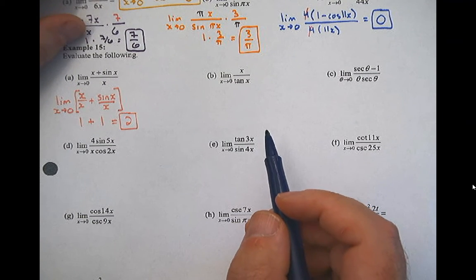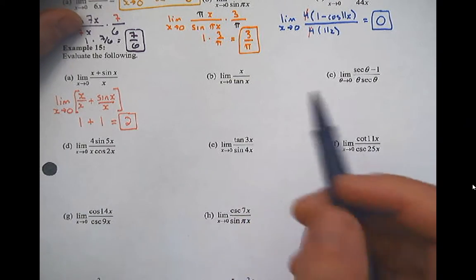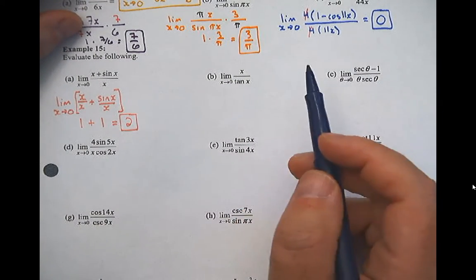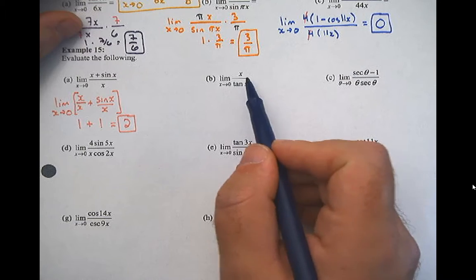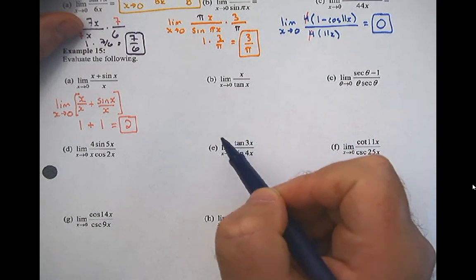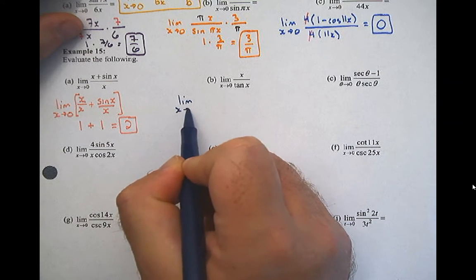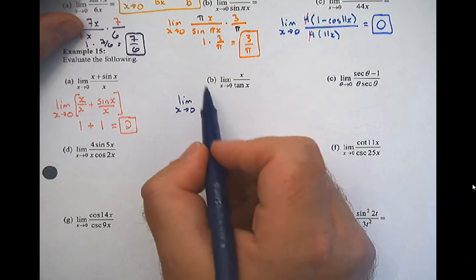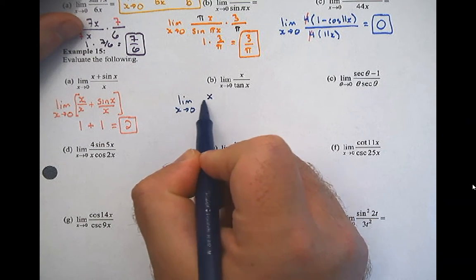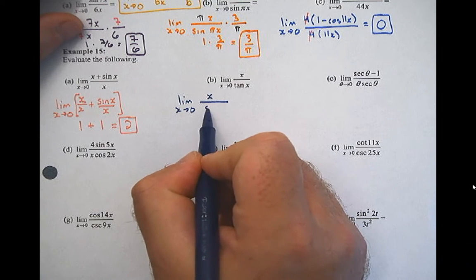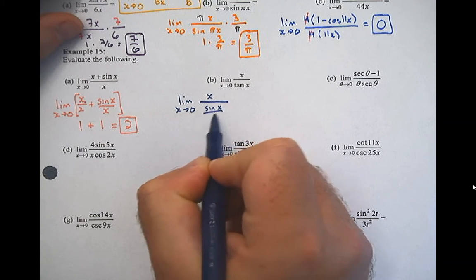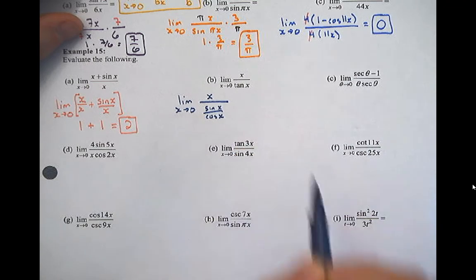So in this case, I guess I'll show you the long way, but you're going to just want to remember that this does the same stuff that sine does, but I'm going to show you really quick why. Limit as x approaches 0 of x over, now I'm going to turn tangent into its sine and cosine functions.